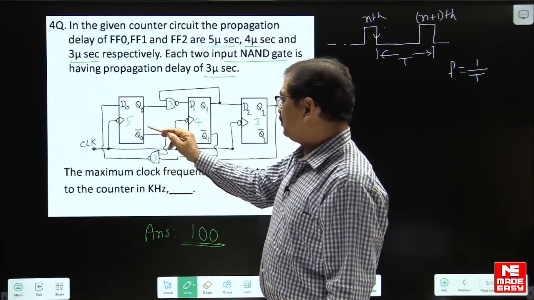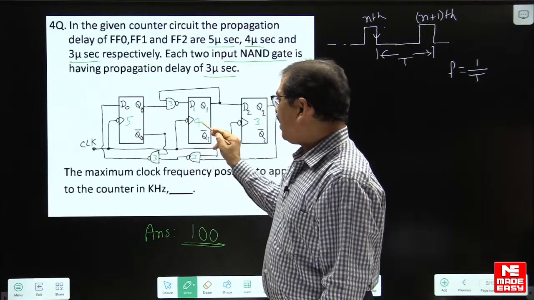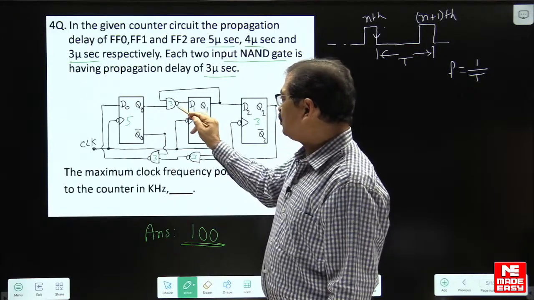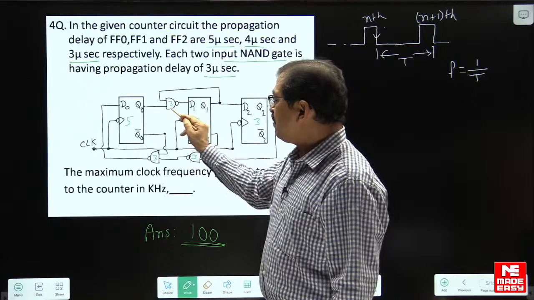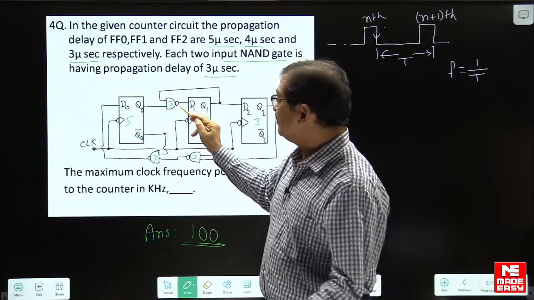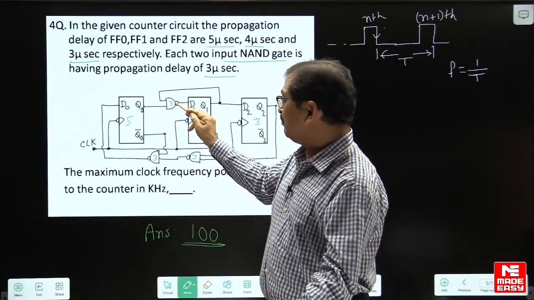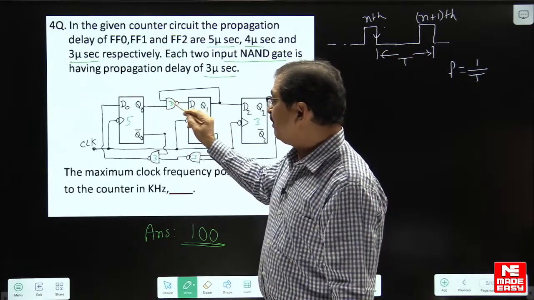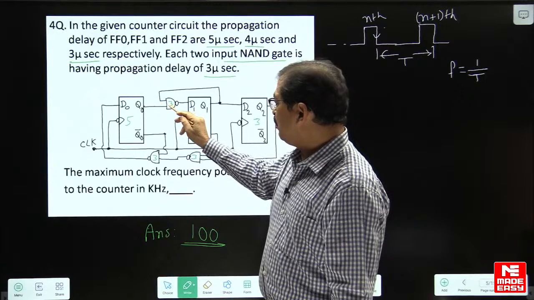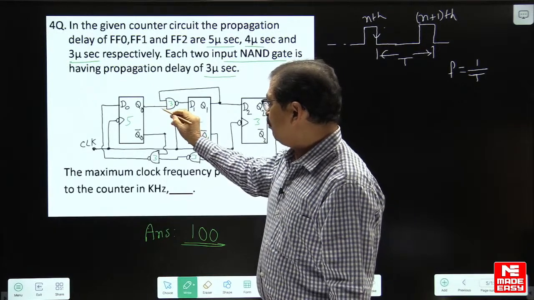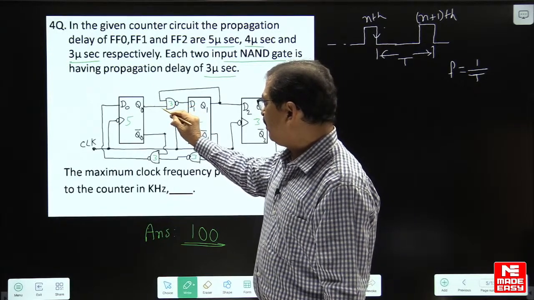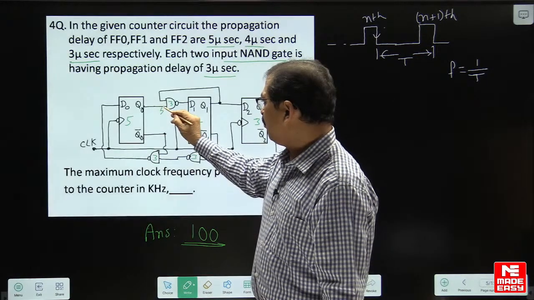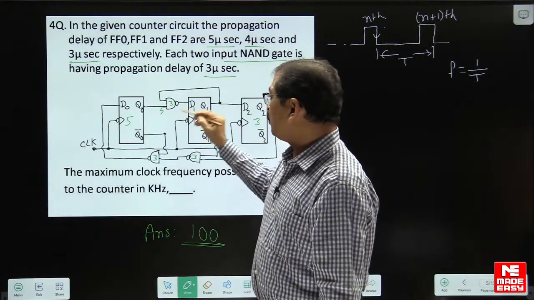After 5 microseconds, a change happens, and the flip-flop 1 input will be available after 5 plus 3. The NAND gate takes processing time, which we name the propagation delay. So after the a change, this is available here as an input to the NAND gate after 5 microseconds. What is the second input for the NAND gate?